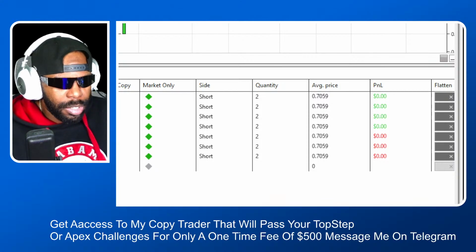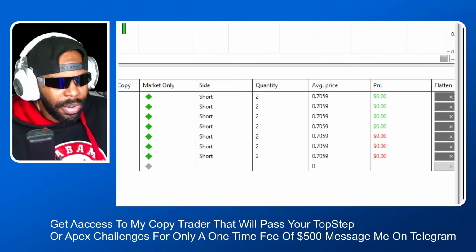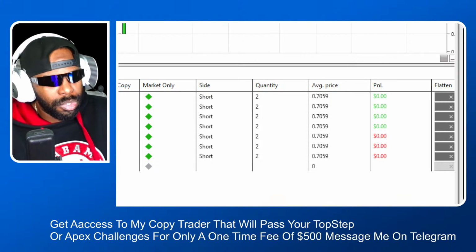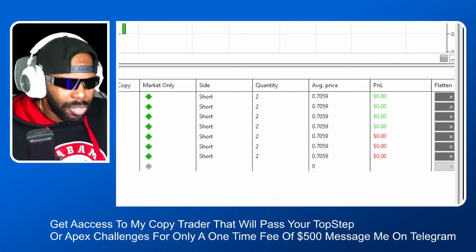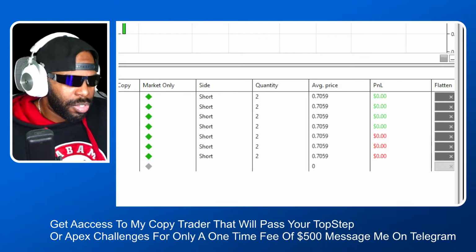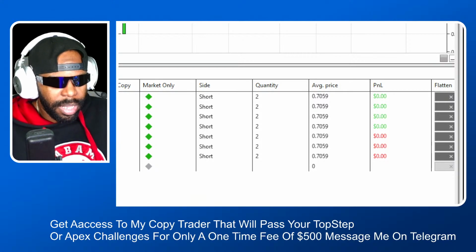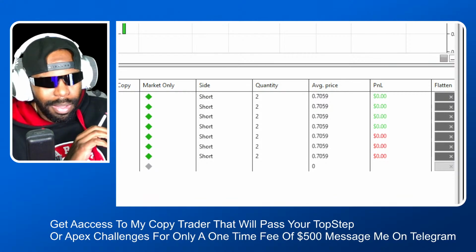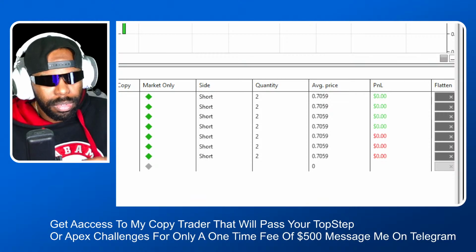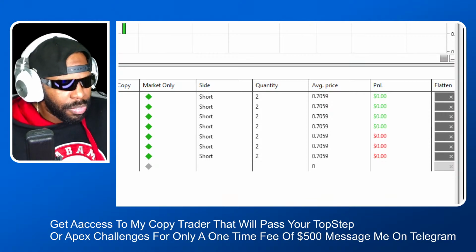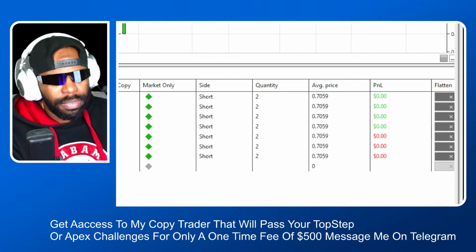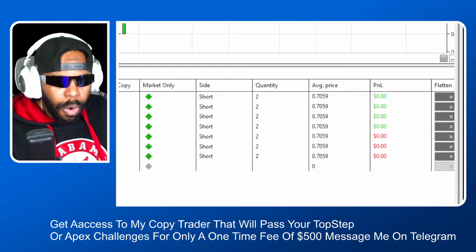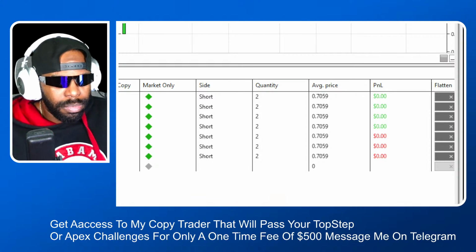I can copy trades from TradingView to my Elite Trader Funding account, my Bottlenecks account, my Top Step, my Apex, my Funded Futures account, my Take Profit Trader. It doesn't matter. I can copy trade from TradingView over to all of those prop firms at the same time.